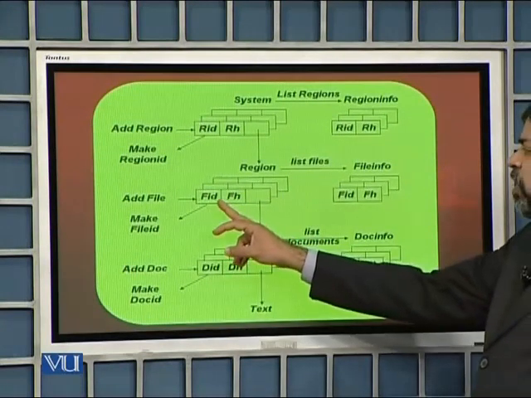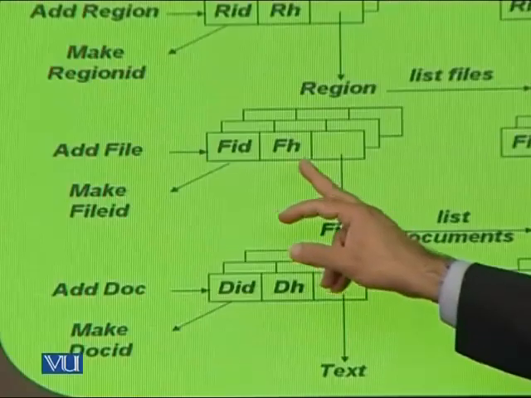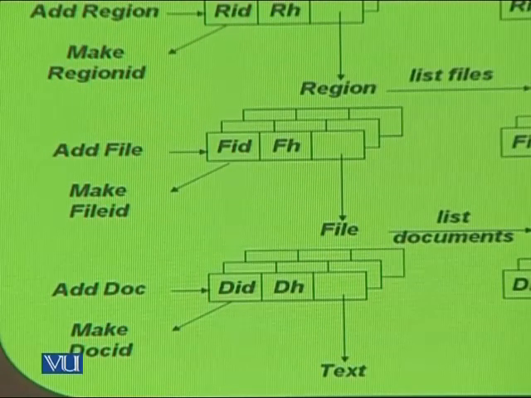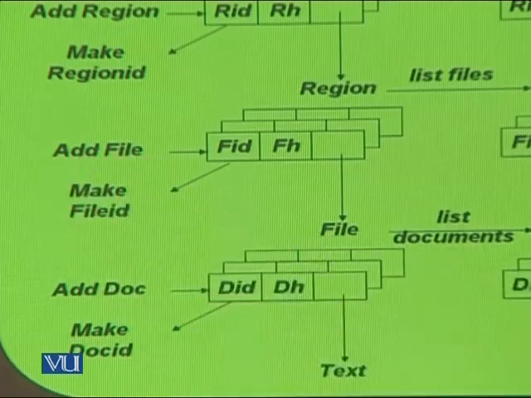So file ID, once again, is a unique ID that identifies the file. File header is something that describes the file, maybe the name and maybe some other description. We again have the same kind of operations.